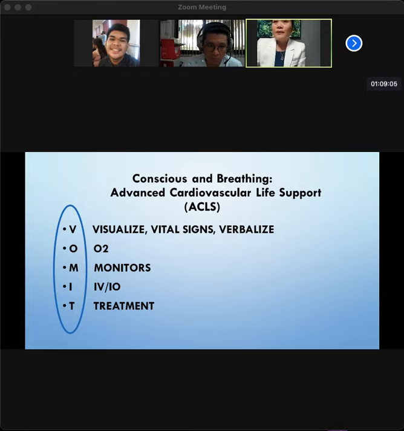So, if the patient is desaturating, then give oxygen. And then if you have available monitors, then hook the patient to monitors, like ECG. And then next one is insert an IV line or intraosseous line. And then if the patient needs to be treated, then give treatment. Okay? So remember the VOMIT, vomit.